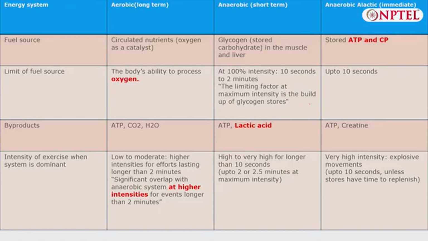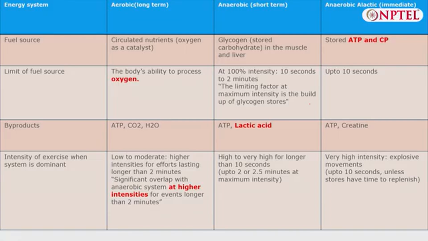Then the anaerobic short term and anaerobic immediate. Anaerobic short term is basically anaerobic lactacid, where lactic acid is produced, glycogen stored as carbohydrate in the muscle, at 100% intensity, 10 seconds to 2 minutes.